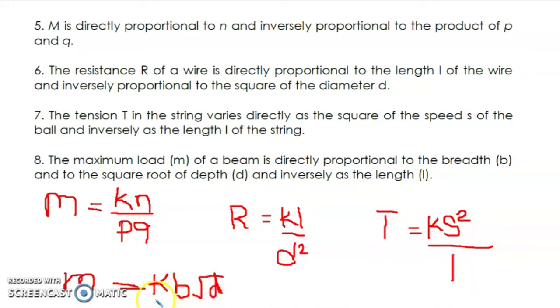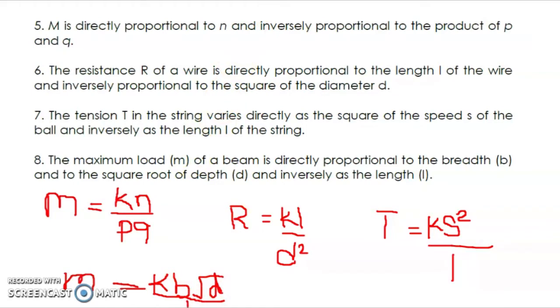And it is inversely, so all over L, inversely as the length L. So, a little short on space here. So that is equal to M is equal to kB square root of D over L.